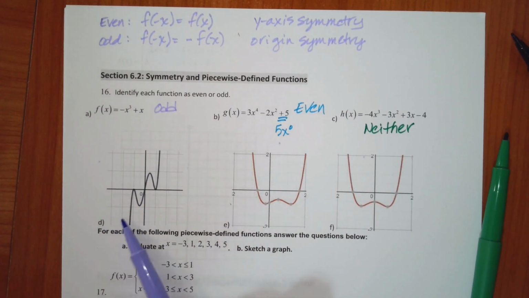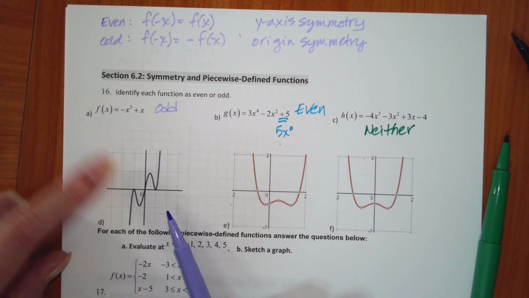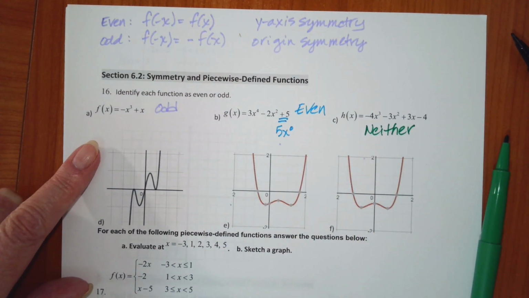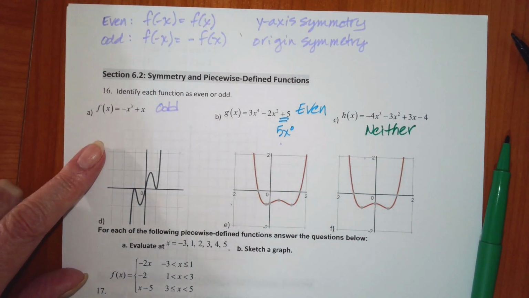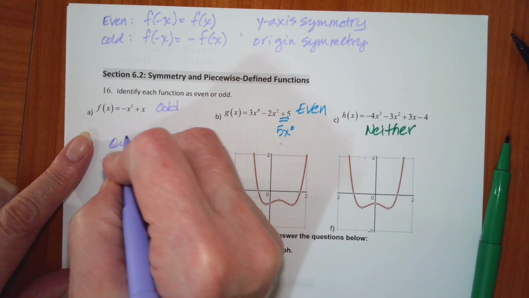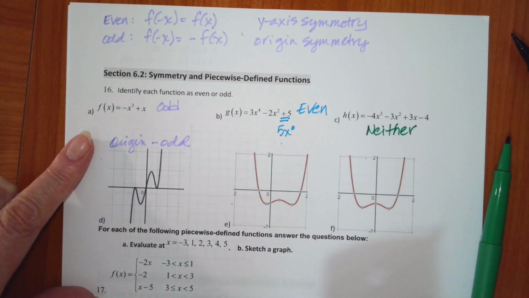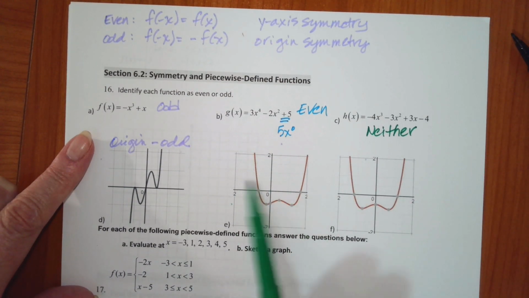Okay, let's see what we've got here in our graph. This is clearly not y-axis symmetry. It does look like it's origin symmetry, so I'm going to call this one odd. This is not y-axis symmetry.